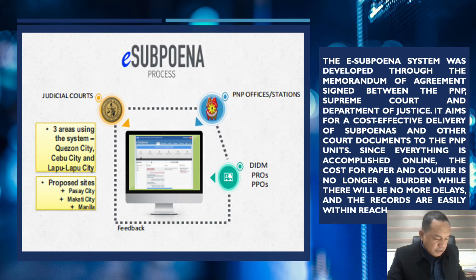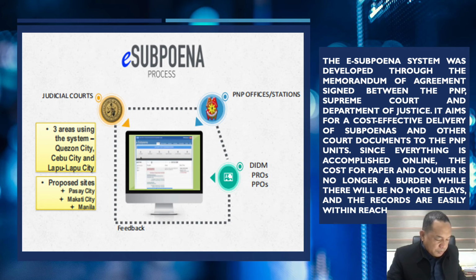The crime register shall include details of the subpoena for its compliance in the court duties monitoring. The DIDM shall monitor all reports needed and prepare necessary reports to the Supreme Court. At present, there are 3 areas using the system: Cebu, Quezon City, and Lapu-Lapu City.